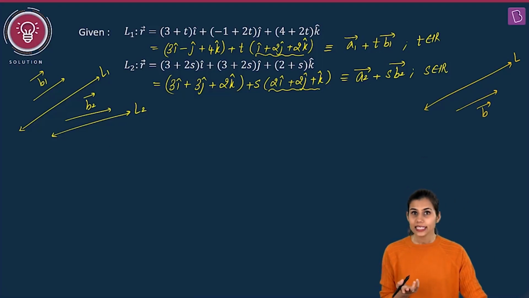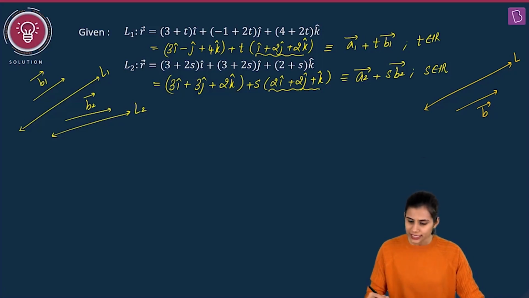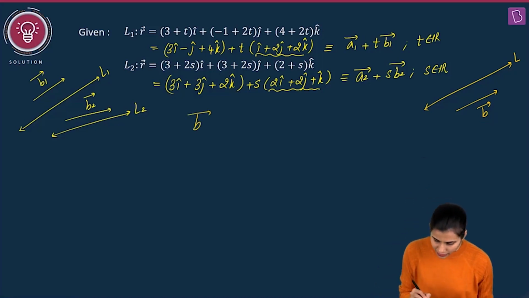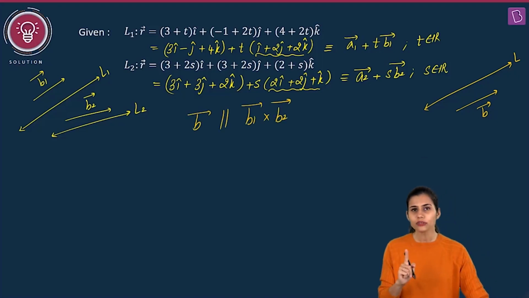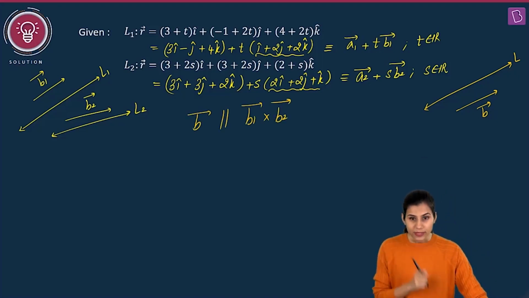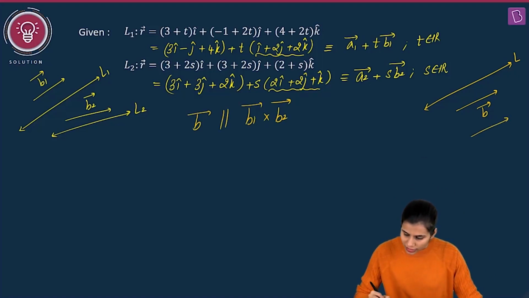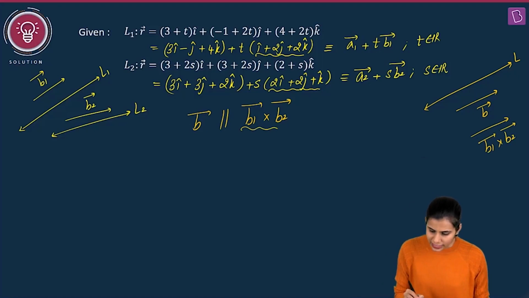If capital L is perpendicular to L1 and L2, that simply in other words means that my B vector is perpendicular to b1 vector and b2 vector. So I can say that my B vector will be parallel to b1 vector cross b2 vector. No doubt till here? How do you find this vector?